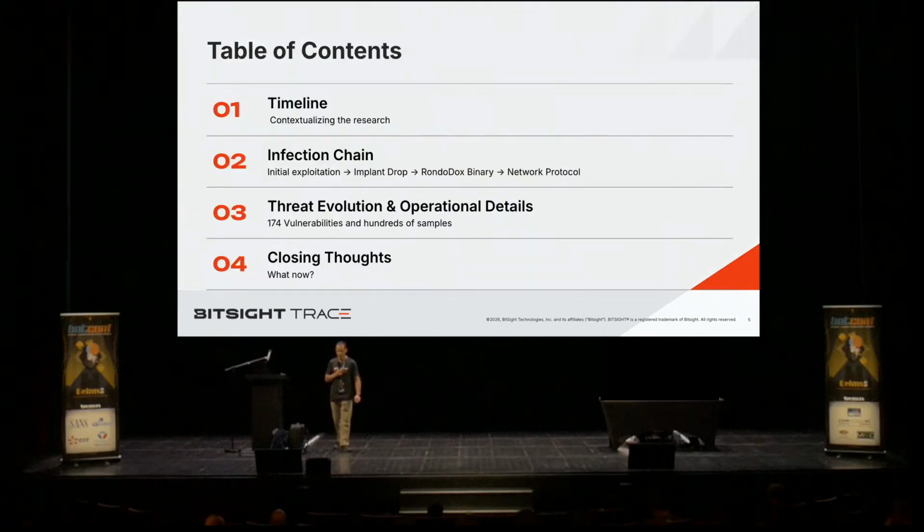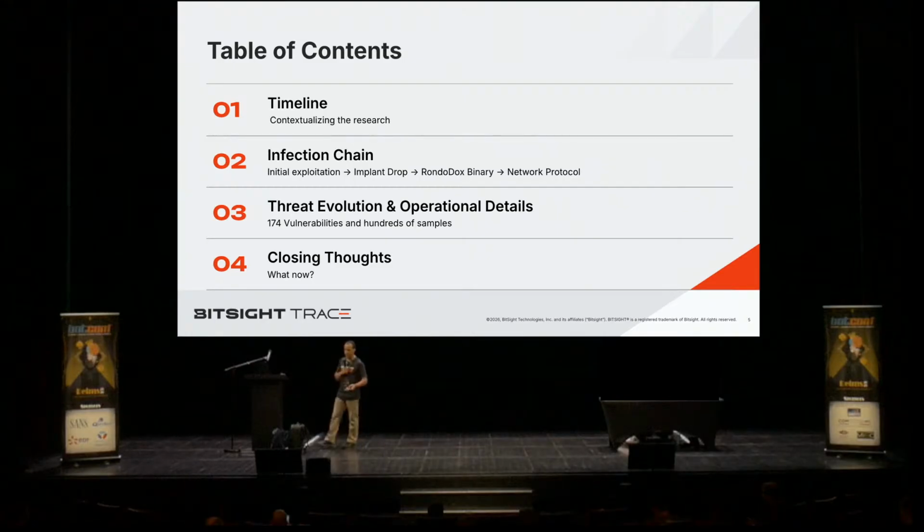The way we're going to structure this: I'll give you a quick timeline of the research itself to contextualize when we started and when we cut it off for this presentation. We'll go more in depth into the infection chain, specifically the scanning and exploitation, the initial implant, and the binary itself.